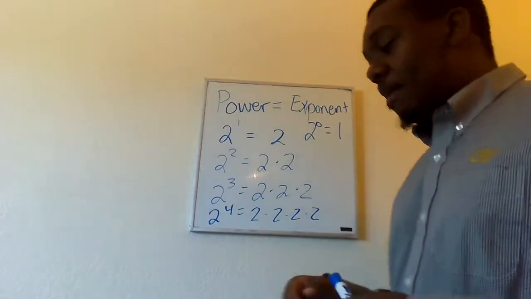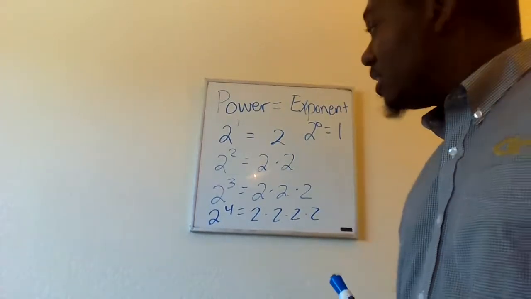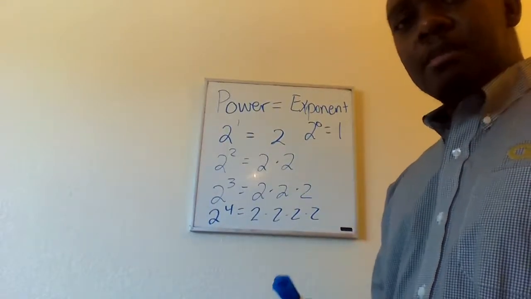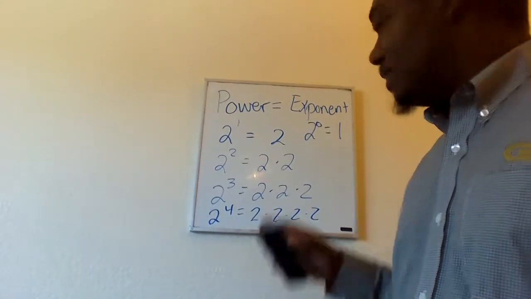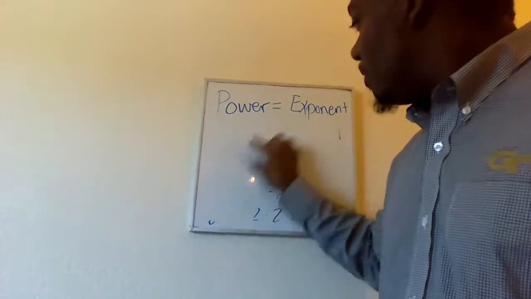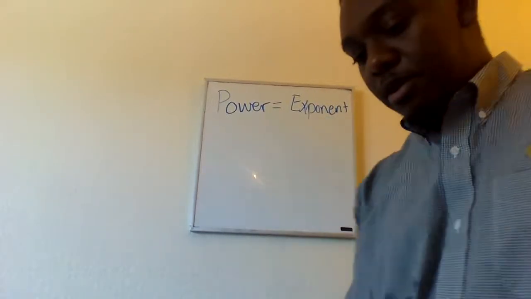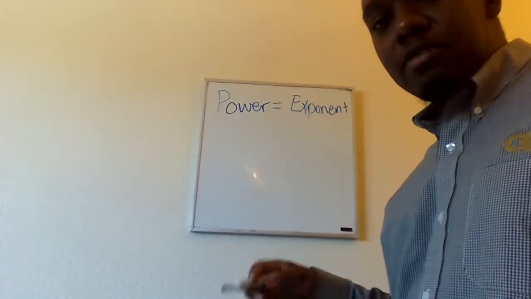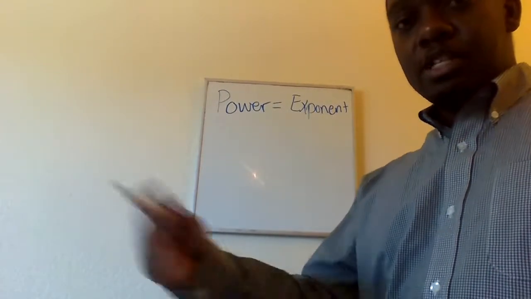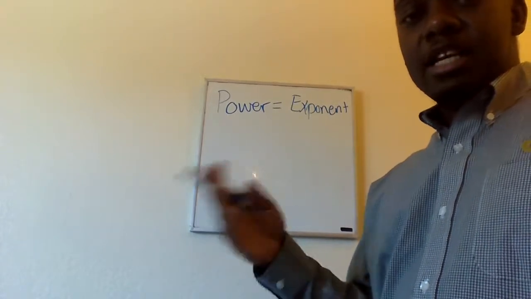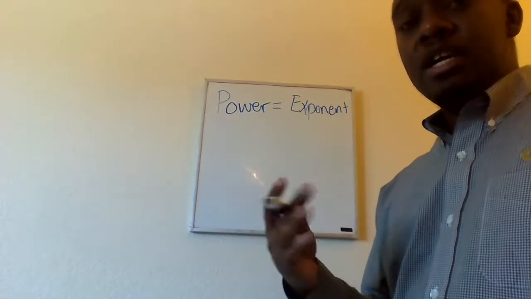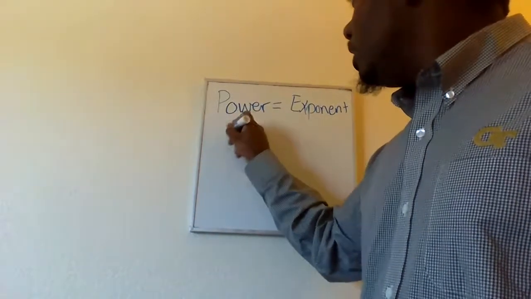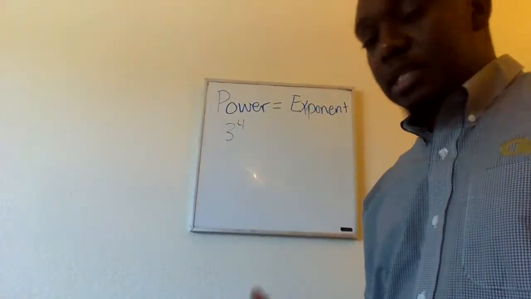So whenever you have a power, just remember that it is the number of times you will multiply this larger number here at the bottom. Well, they call that the base. So when you have a power, it's important to remember 2 things. Power is the same thing as exponent. So if a problem says to take 3 and raise it to the 4th power, that would be 3 with 4 as the exponent.